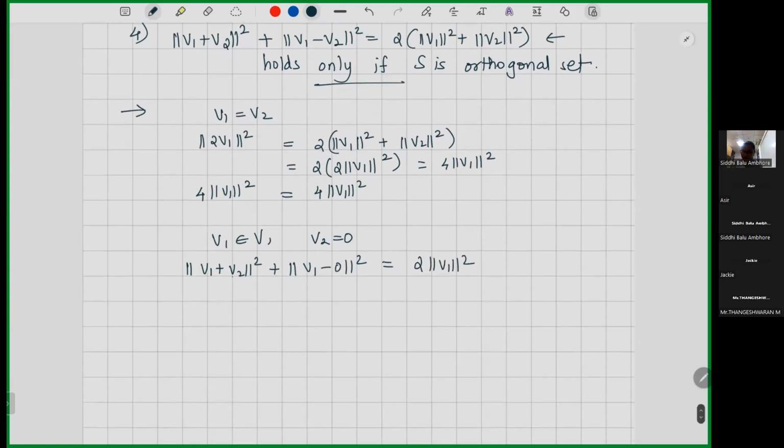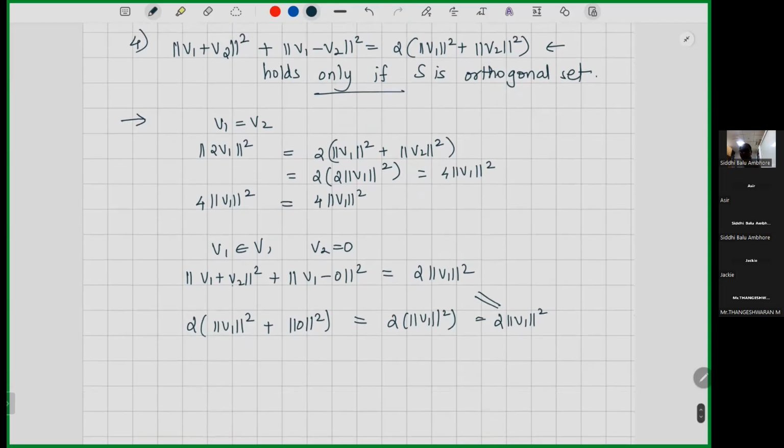And 2 times norm of v1 square plus norm of 0 square is just 2 norm of v1 square. So this is equal. Yeah, we can take any examples like v1, v2 equal and everything. So that is not a problem. Is it okay?